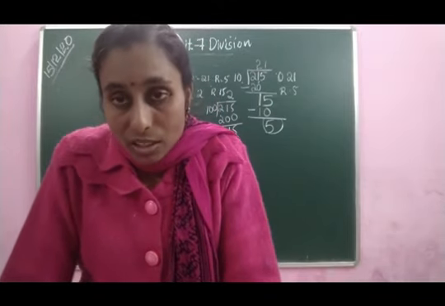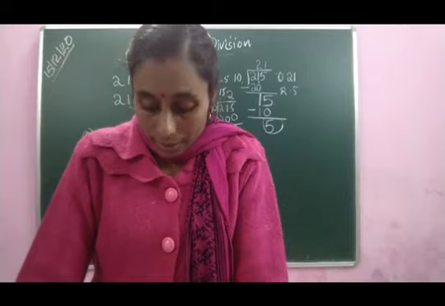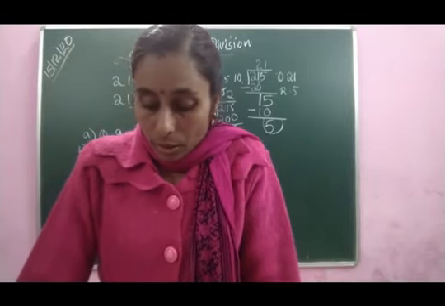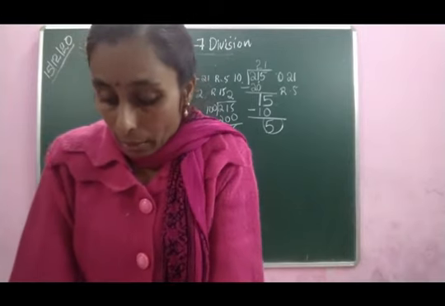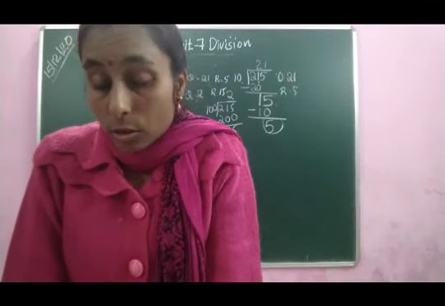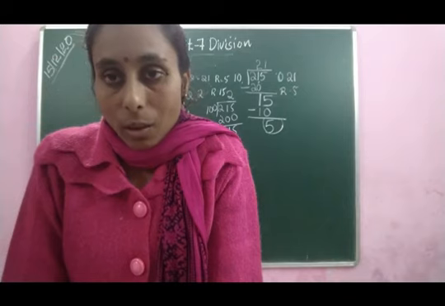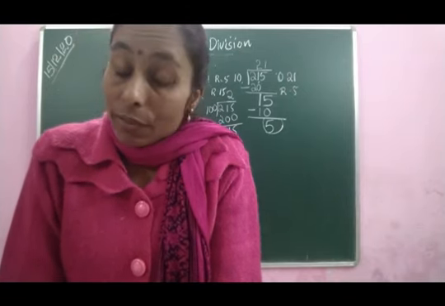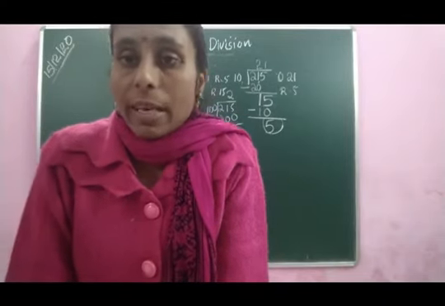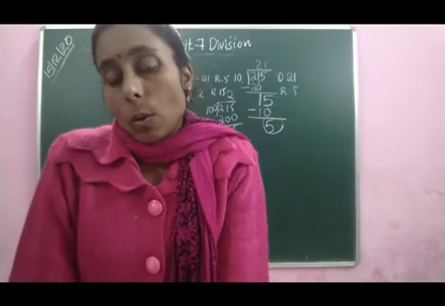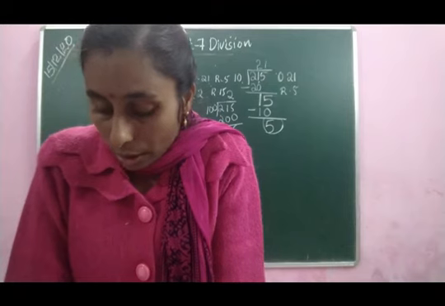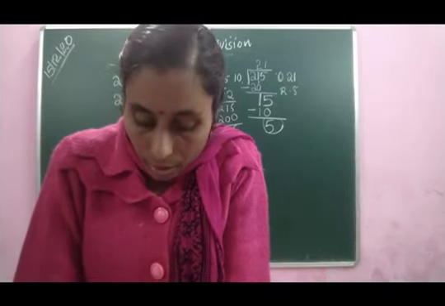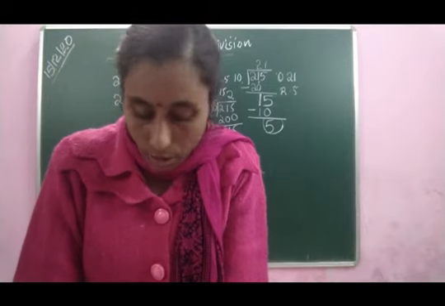So the answer here is 10. 10 divided by 10 is equal to 1. Then, dash divided by 8 is equal to 0. When the dividend is 0, the answer will be 0. 0 divided by 8 is equal to 0. Then, 0 divided by 10 is equal to 0.